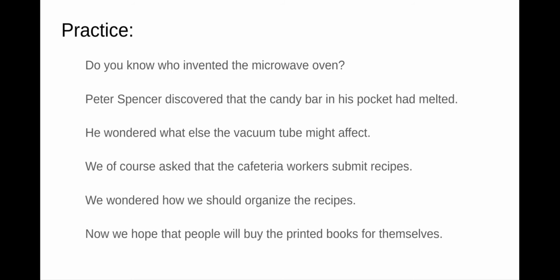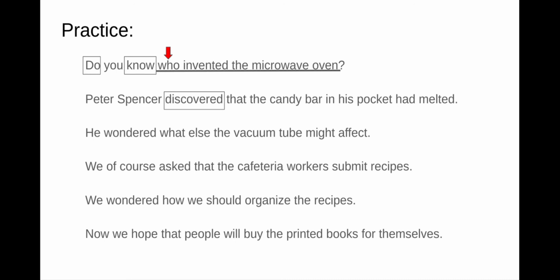Use your subject. Do know is your main verb. Now, what comes right after do know? What do we know? Or who do we know? You do know who, there's your introductory word, invented the microwave oven. So our clause in this case is who invented the microwave oven. And there is your direct object.